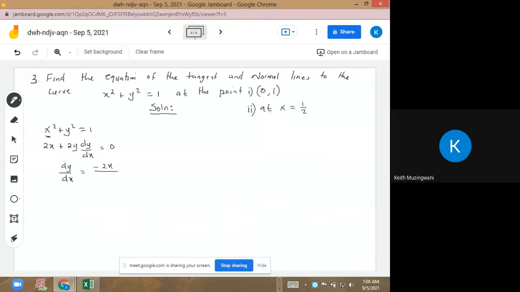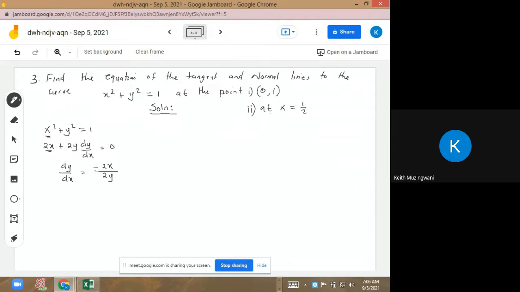So you first solve for dy/dx. You take the other term to the other side, and then you divide by 2y, so that the dy/dx remains alone.